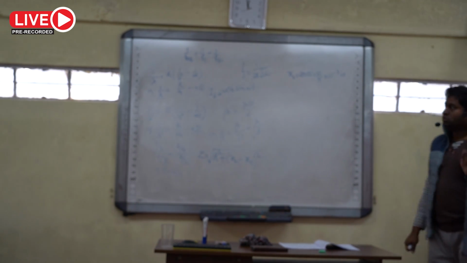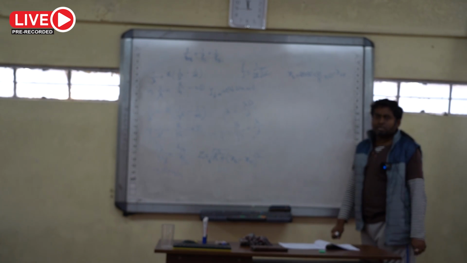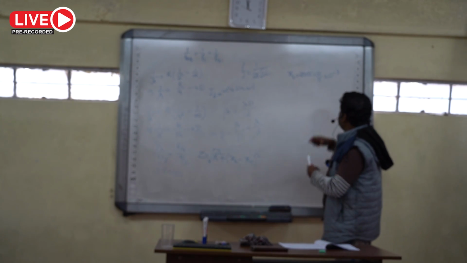So 2 pi into 50 into L. L is 50 by pi into 10 to the power minus 3. Then the answer will be in ohm.